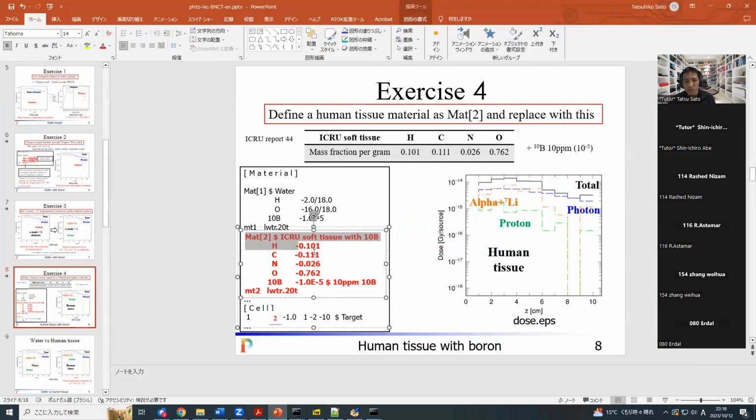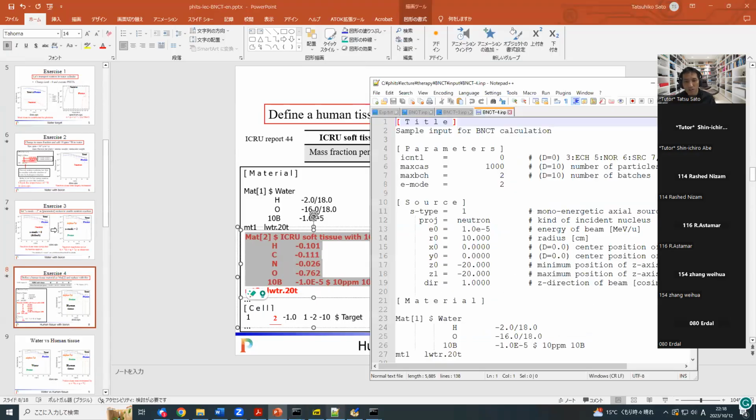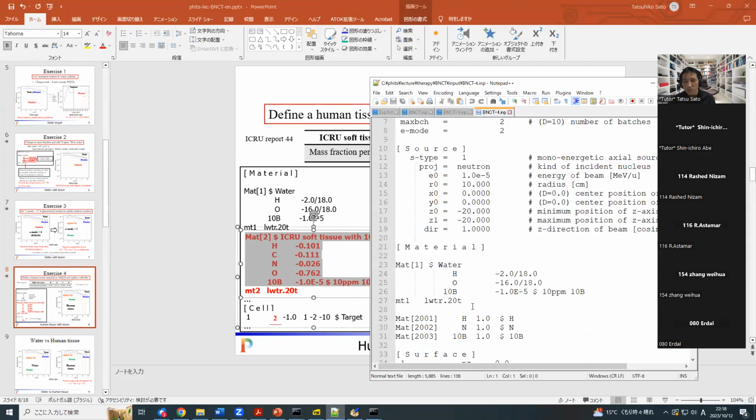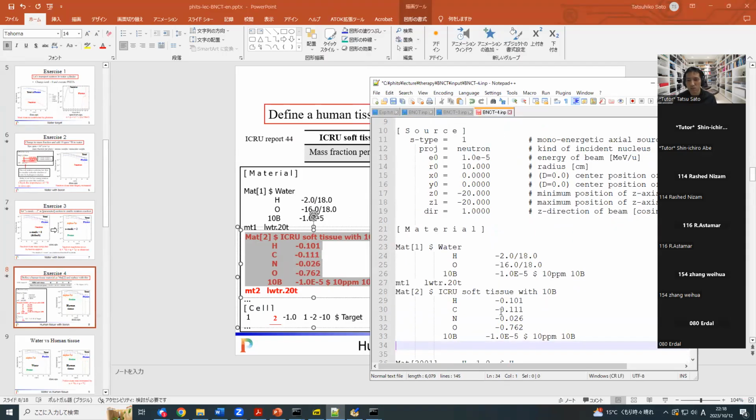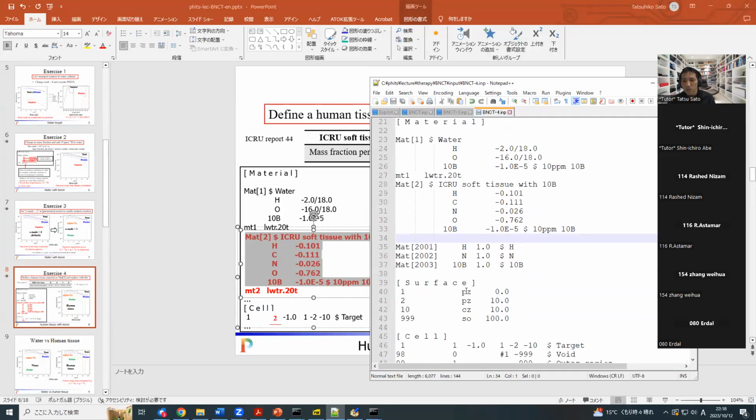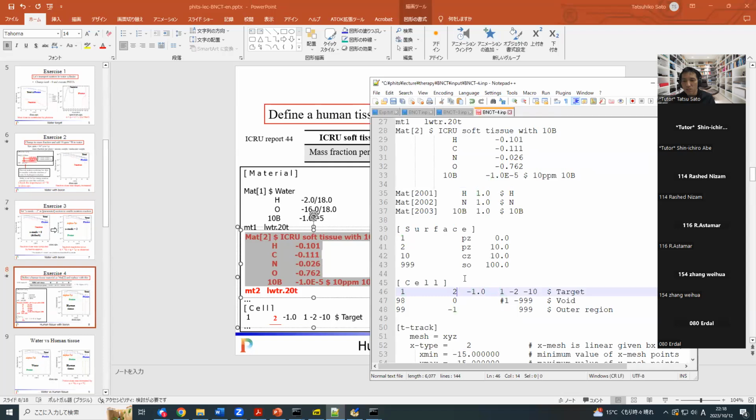We simply copy and paste some. Save. And please change the material number. Material, yes.